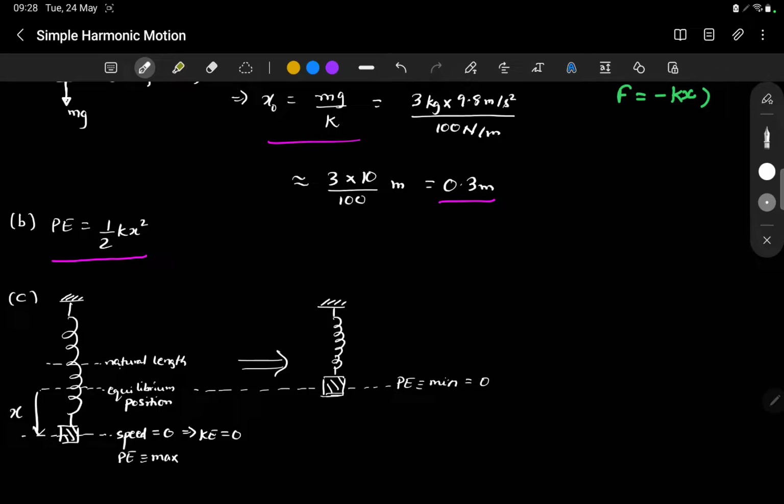Remember that potential energy is with respect to some reference, so we can always choose our 0 point of the potential energy. In this case, we would like to choose the equilibrium position as the 0 point.